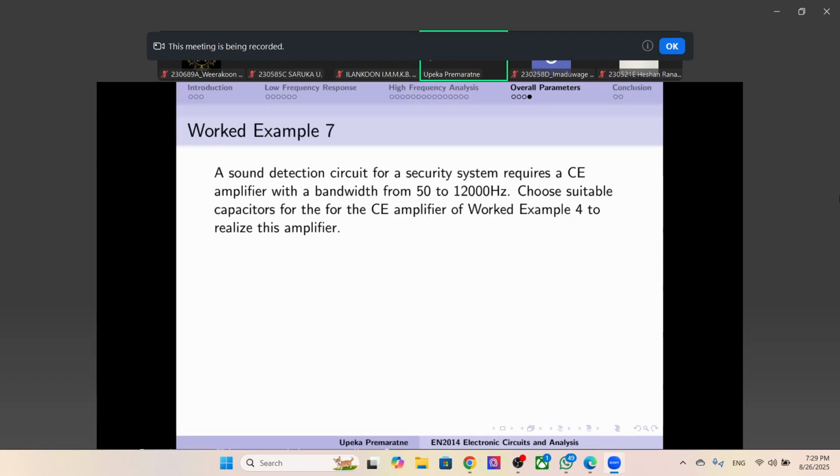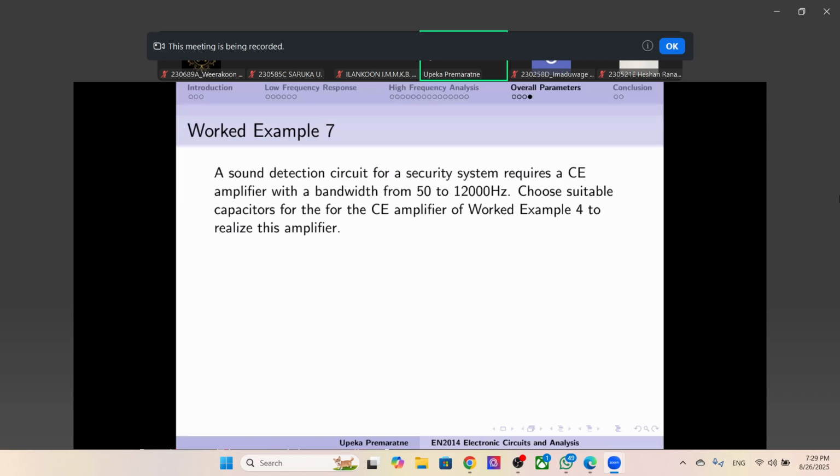This is what I mentioned in our last lecture. Now you're given a bandwidth, and then you're expected to find the necessary values of the capacitors.